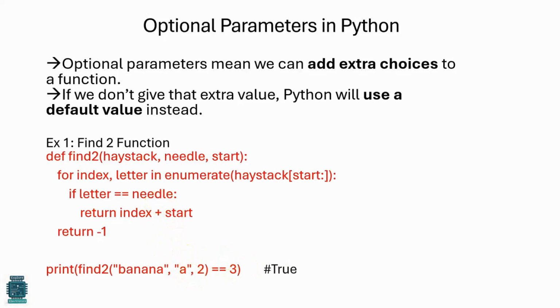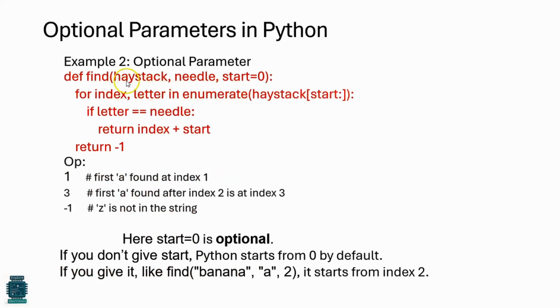Very simple. Let us see one more example in optional parameter, which is def find(haystack, needle, start=0). Here it defines a function to find needle in haystack, and it starts from 0 by default.